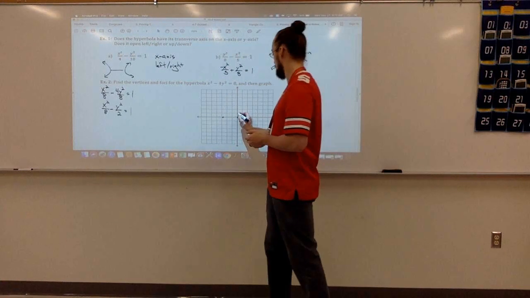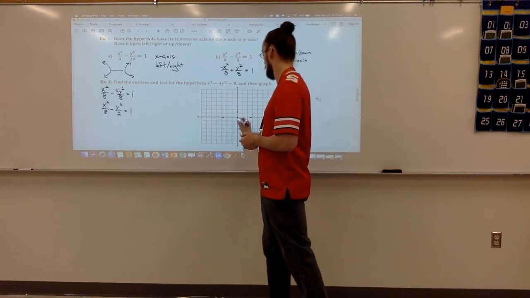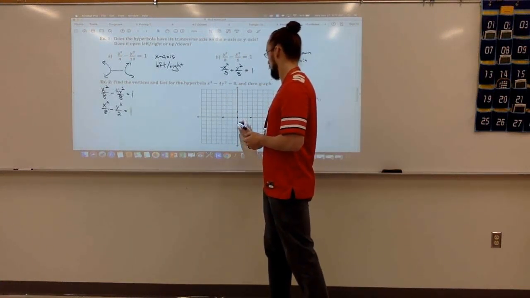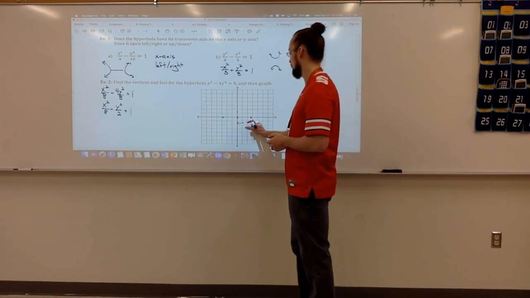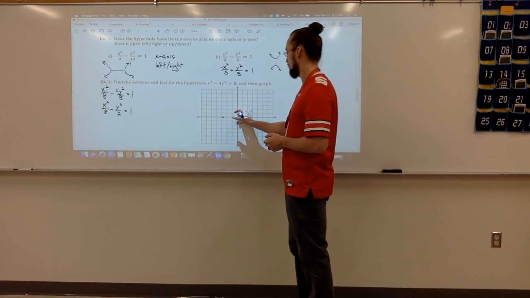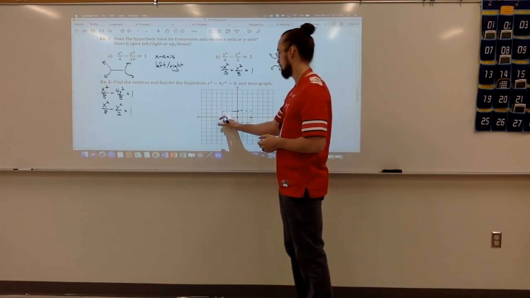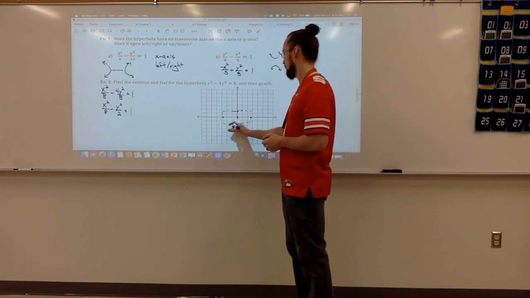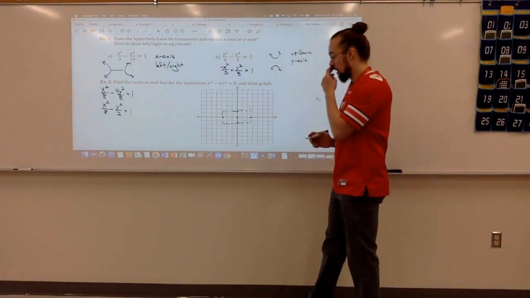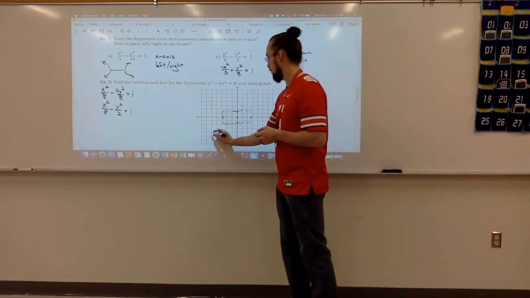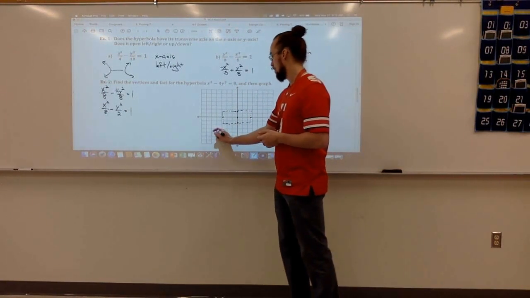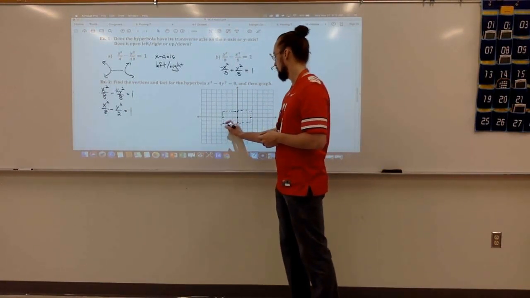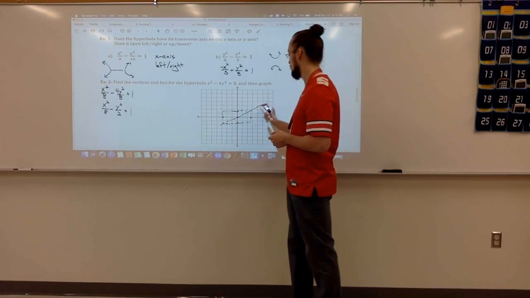The square root of 2 is about 1.4. And then we make our box. Then I can draw the diagonals of my box. It doesn't really matter if you make them dotted or solid.